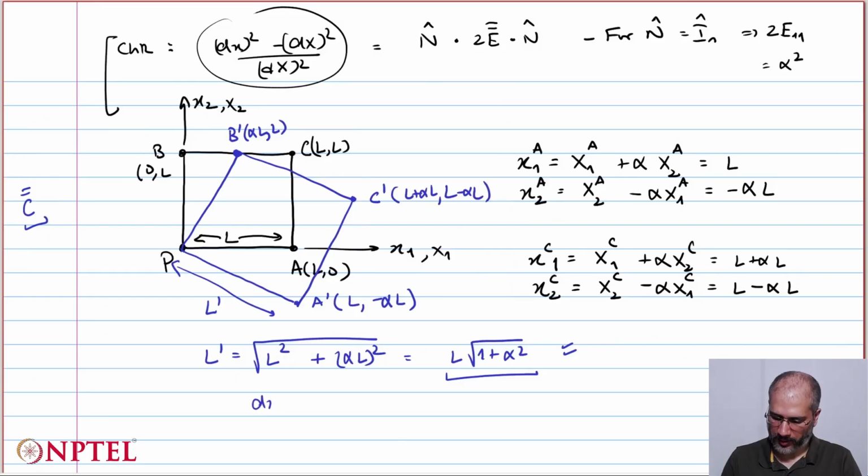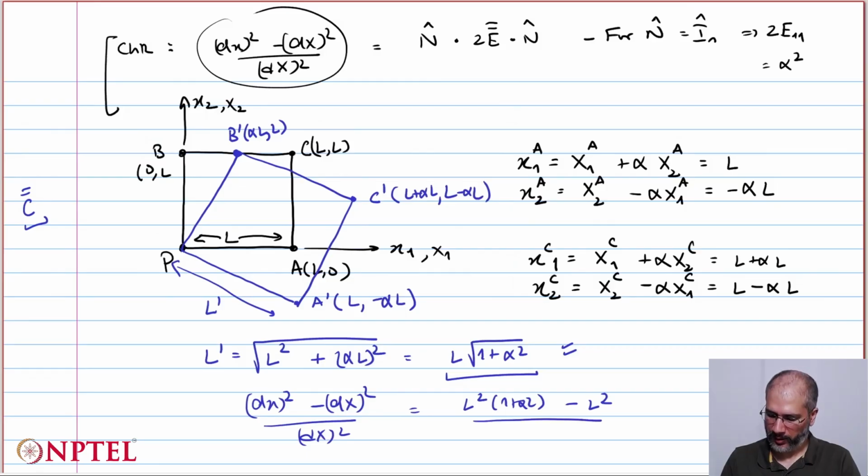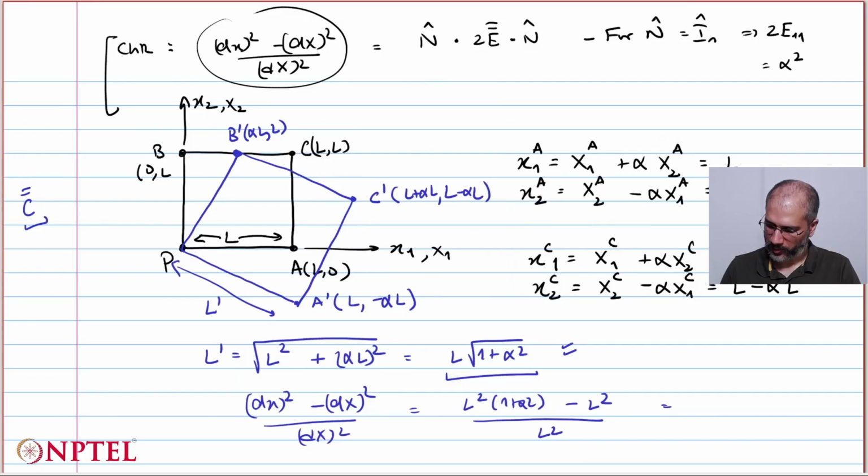So small dx squared minus capital dX squared upon d capital X squared is L squared into 1 plus alpha squared minus L squared, because d capital X was an L, and this is L squared. So this becomes simply alpha squared. And this agrees with what we find in the Lagrangian finite strain tensor E11 component.